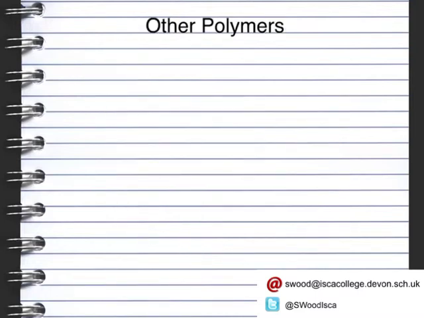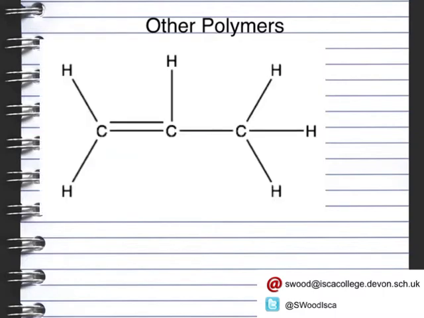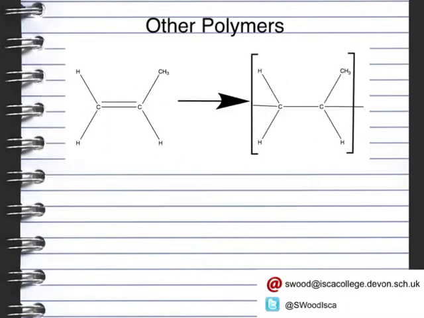Most alkenes are able to make a polymer. Now what we're going to look at is when we take propene, which is this molecule here, and we break the double bond here to make a polymer. We've changed the structure slightly, so we've got a similar structure to the ethene where we've got our double bond here. However, you'll notice that the H that was here has changed to a carbon with 3 hydrogens.